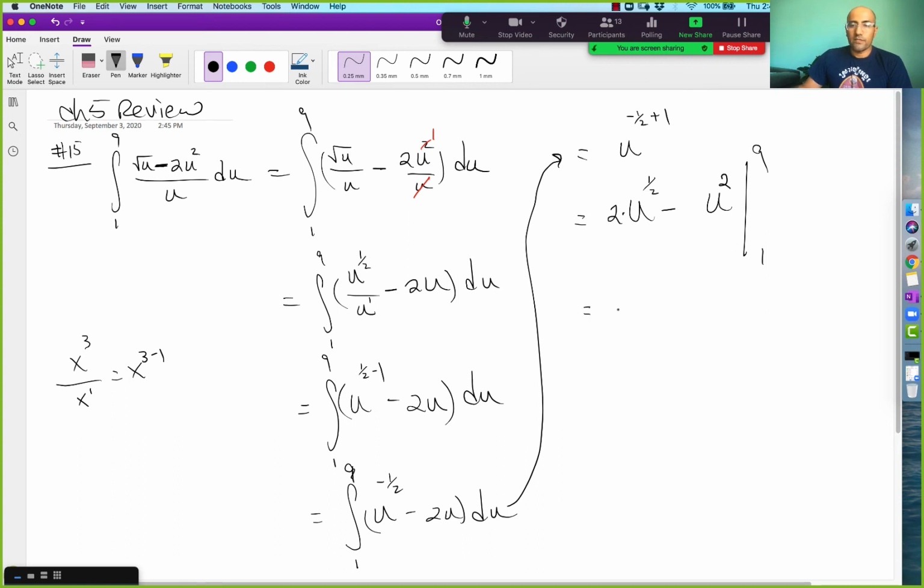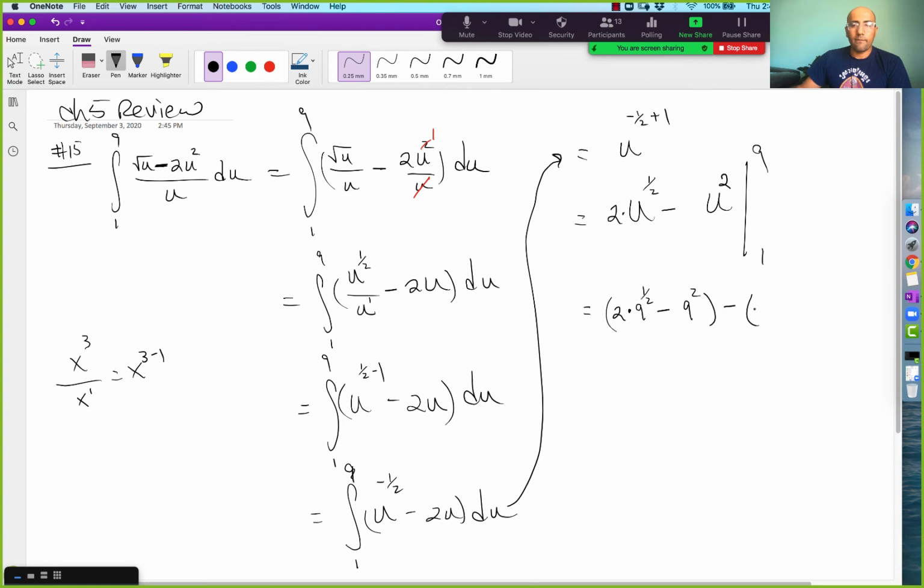Good. So this is going to be equal to 2, and then 9 times 9 to the 1/2 power minus 9 squared. I have a question. Like two steps before, where you're at right now. You did the antiderivative of u, so you added one instead of taking the derivative and subtracting one, right?